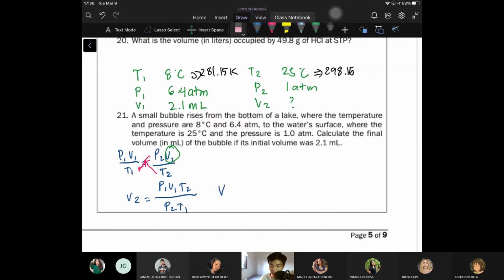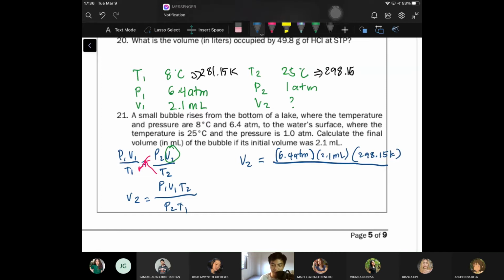Okay? So, let's solve. Sulat ko na nandito. V2 is equals to pressure 1, 6.4 atm. Volume 1, 2.1 ml. Temperature 2, 298.15 Kelvin. Pressure 2, yun ay 1 atm. Temperature 1 is 281.15 Kelvin.